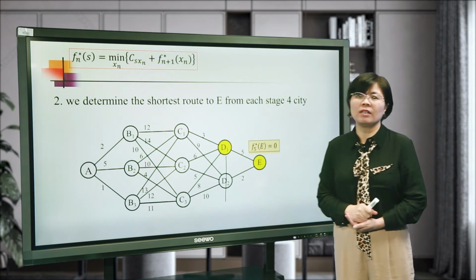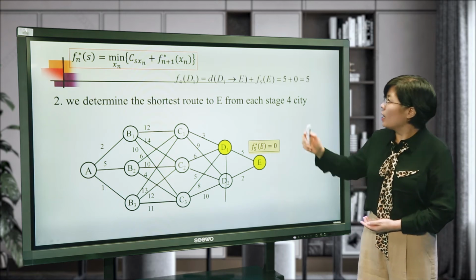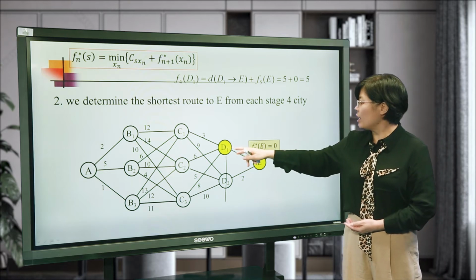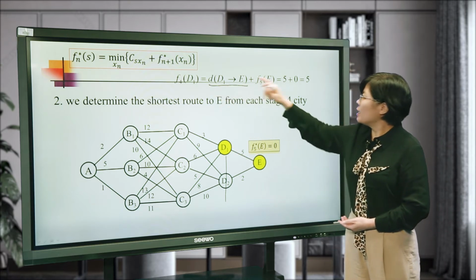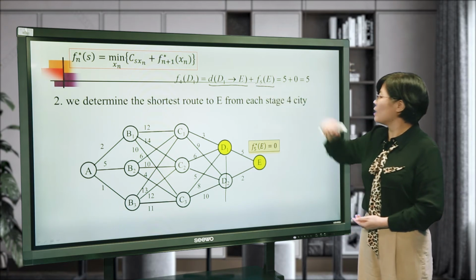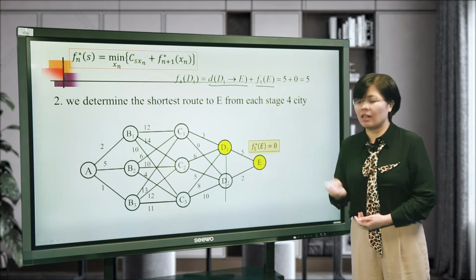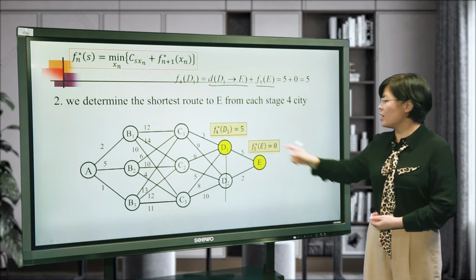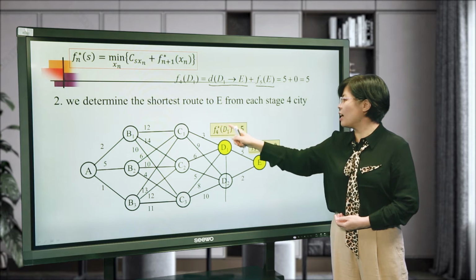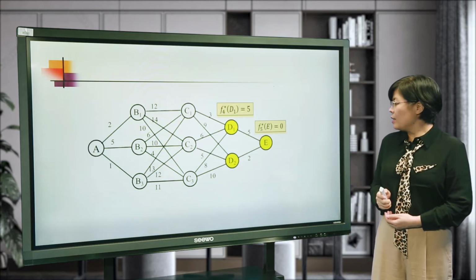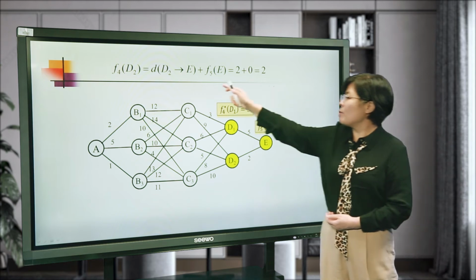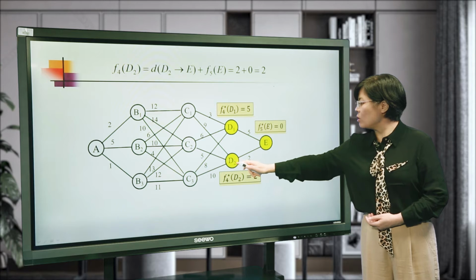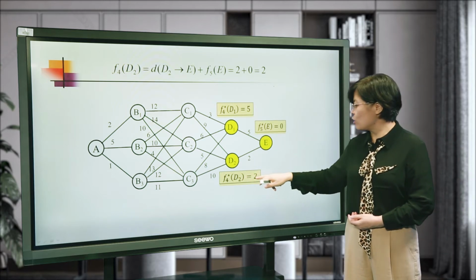First, D1. We use this formula: fD1 equals the distance plus f5 of E. So it equals 5. We denote it f4 star of D1. Similarly, using this formulation, we get that the path from D2 to E has length 2.